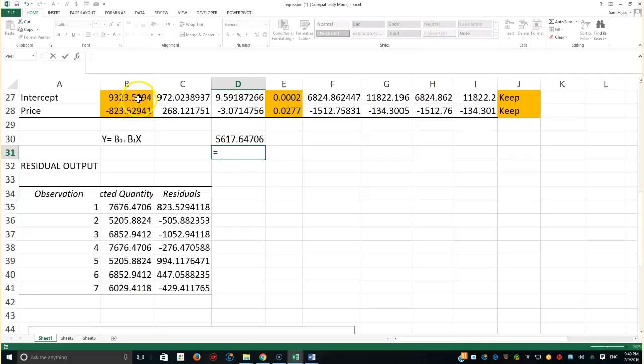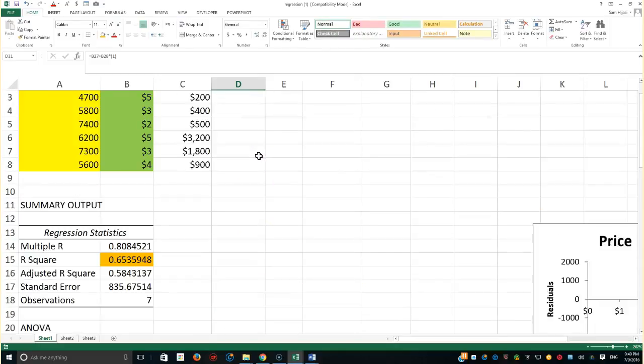This is basically my intercept, the y-intercept. This is going to be the coefficient of the price, and don't forget the asterisk this time. I'm reminding myself to put 1, and notice how the quantity sold is going to be a lot larger at a $1 price.